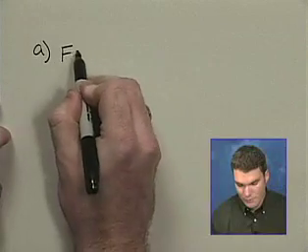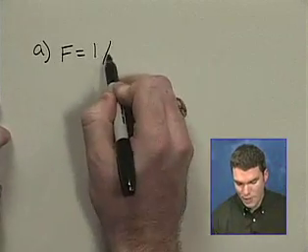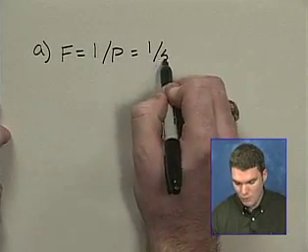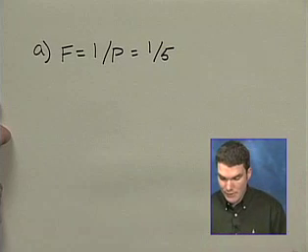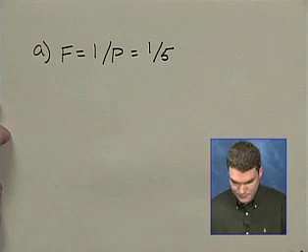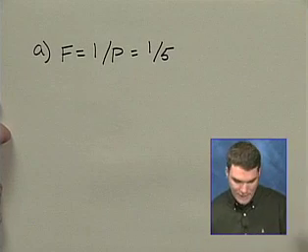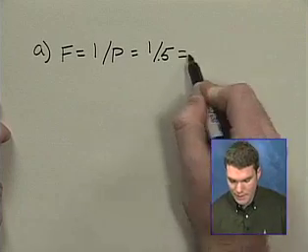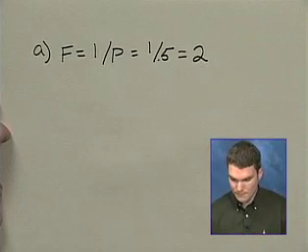The frequency f is equal to 1 over p, and that's equal to 1 over 0.5. Remember, we're given that the period is equal to 0.5 seconds, or half a second, so 1 over 0.5 is equal to 2.